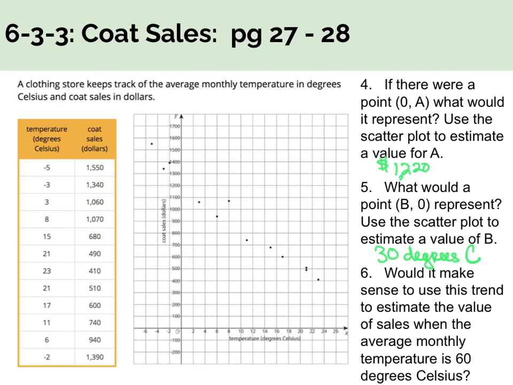That's 60 degrees Celsius. If you convert Celsius to Fahrenheit, that's about 140 degrees Fahrenheit. So you have to know the conversions back and forth, but no, this would not work, because technically it's 140 degrees Fahrenheit.